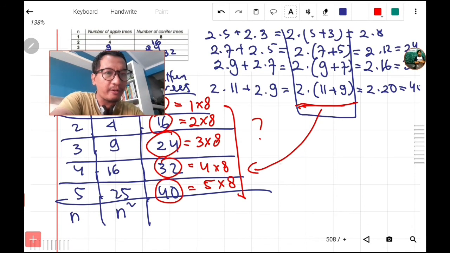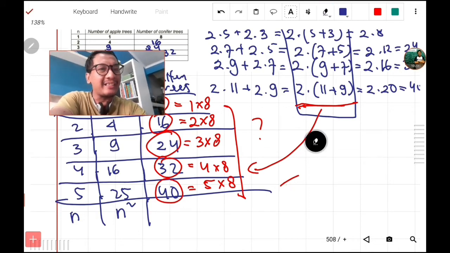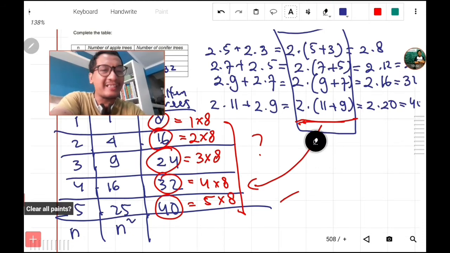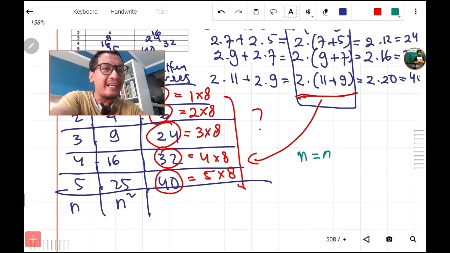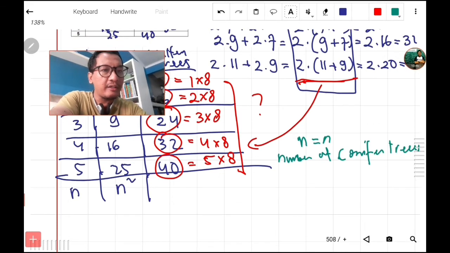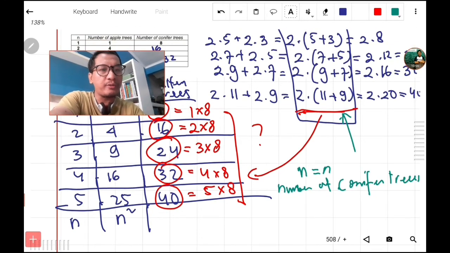When n is equal to n, the number of conifer trees, if we want to explore this pattern, we want to prove that it is equal to this pattern.